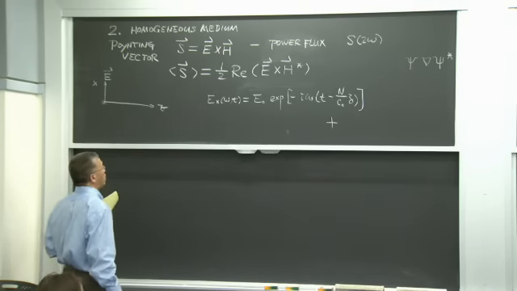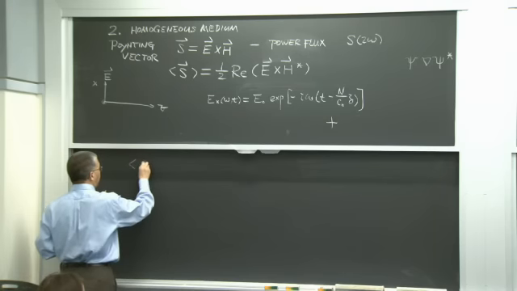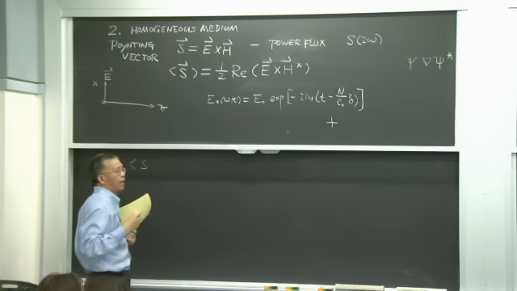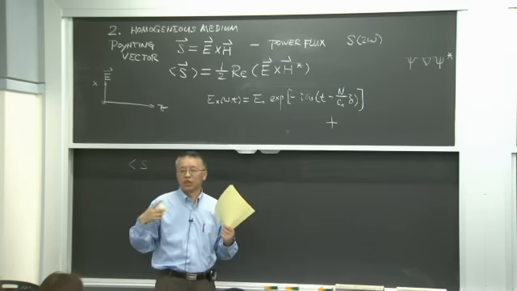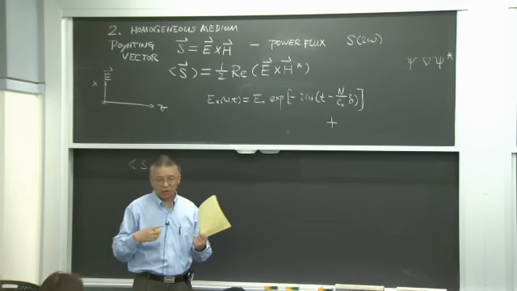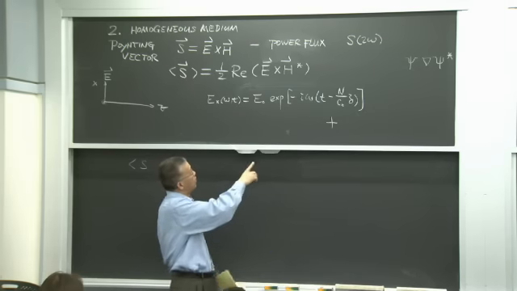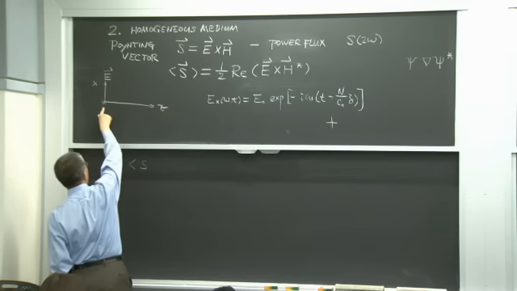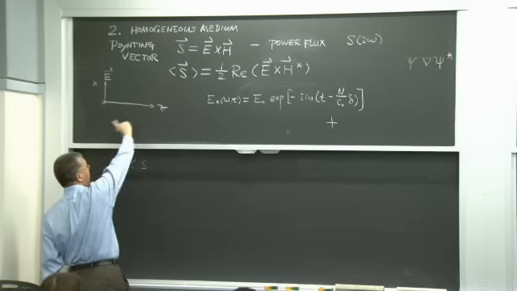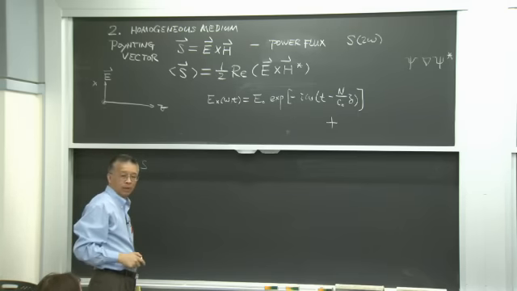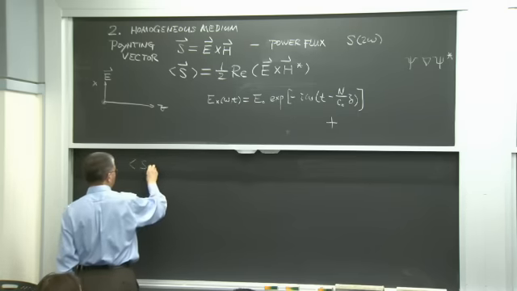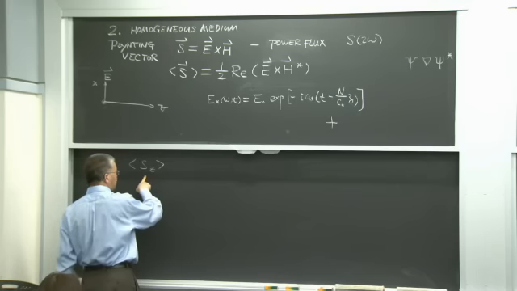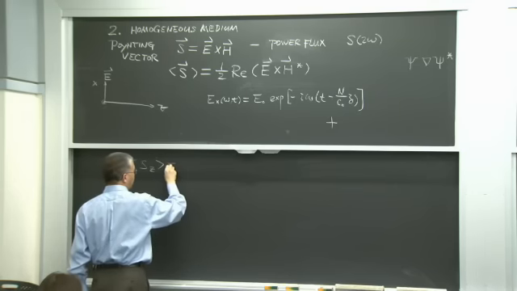If you look at your Poynting vector, at the end you'll find out there is only a z component. There's no x, y component, because your Ex is in the x direction and the H is in the y direction, and the cross product is only in the z direction, right? So let me skip that vector form and just say this is a time average vector in the z direction.